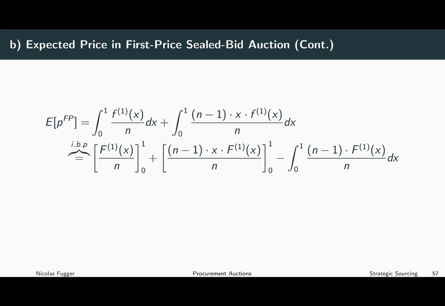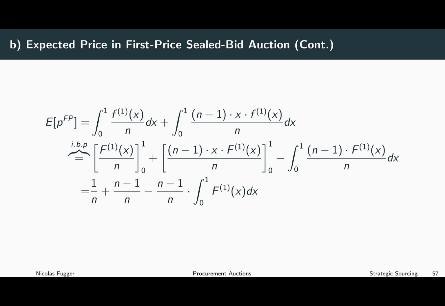From the videos that are already uploaded for the second price auction, we very much know how to do the integration by parts, and you can easily check that if you integrate this by parts, you will end up with this. Next, we need to plug in the upper and the lower limit for x.